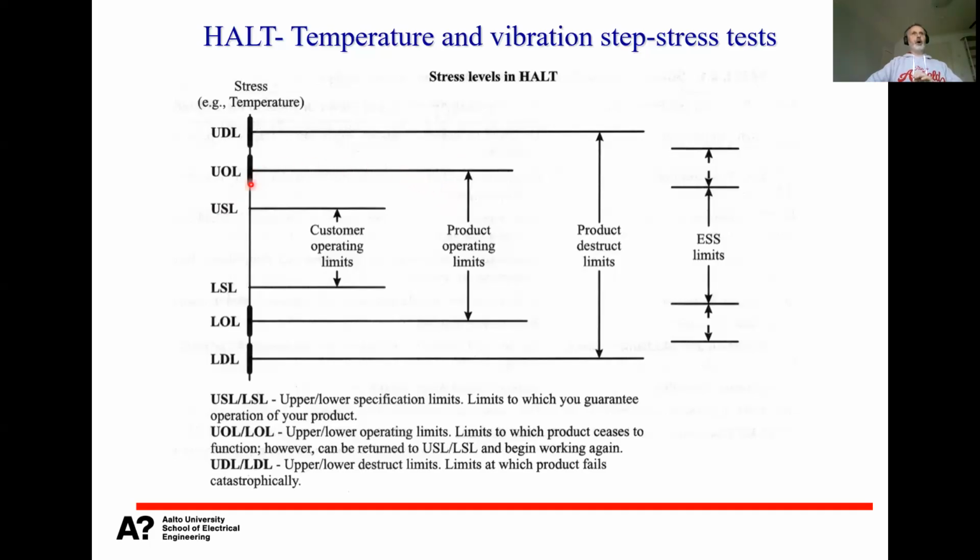So these operational limits are quite often related to, for example, your component specifications. As you might know, you can purchase the same component with different specifications. So you can have a commercial grade or consumer grade component, which is specified that it is working between -20 and +80 or something like that.